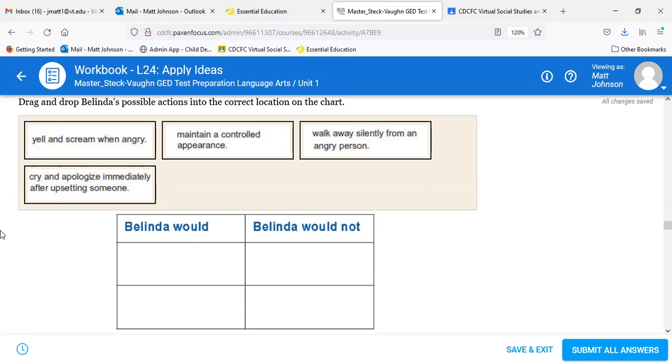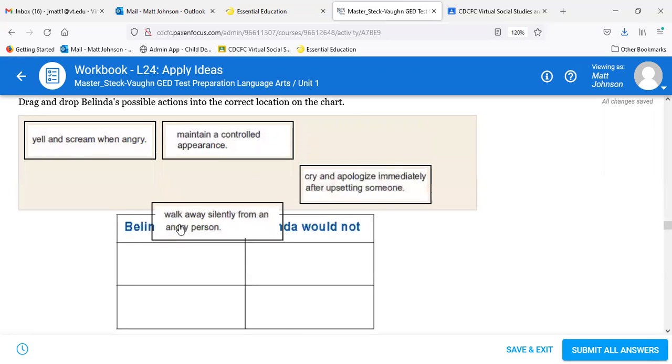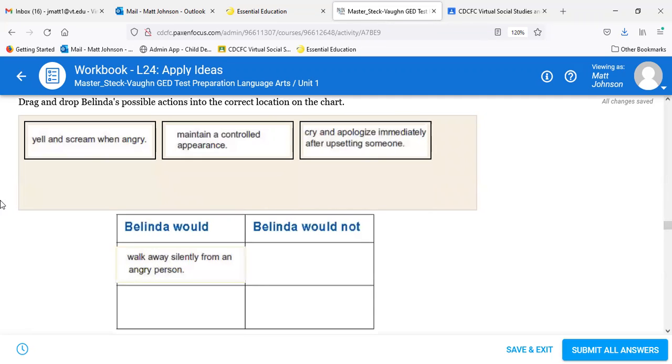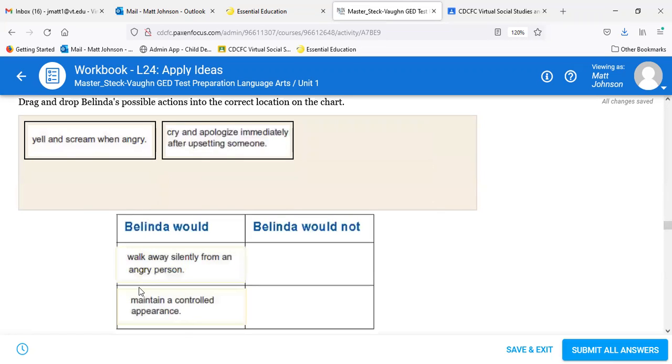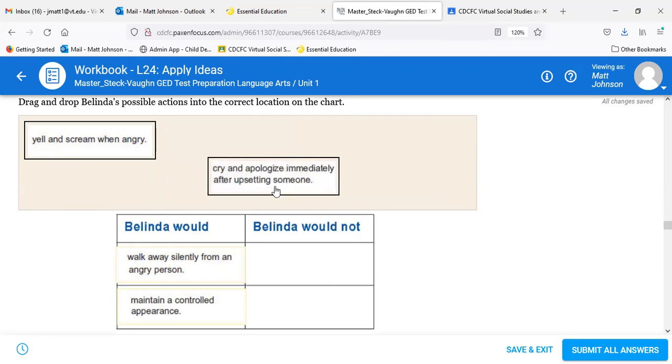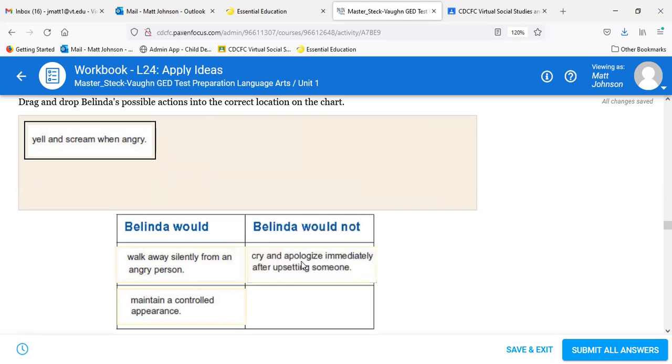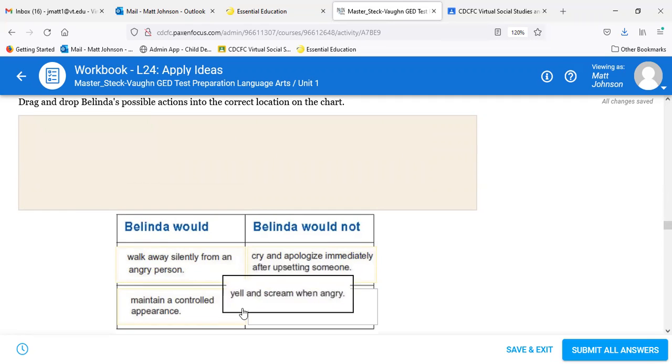Walk away silently. Yeah, from an angry person, right? Walk away silently from an angry person. What else would Belinda do? Maintain a controlled appearance. Right. And by process of elimination, they didn't leave us much guesswork here, right? She's unlikely to cry and apologize immediately after upsetting someone, and not the type to yell and scream when angry.